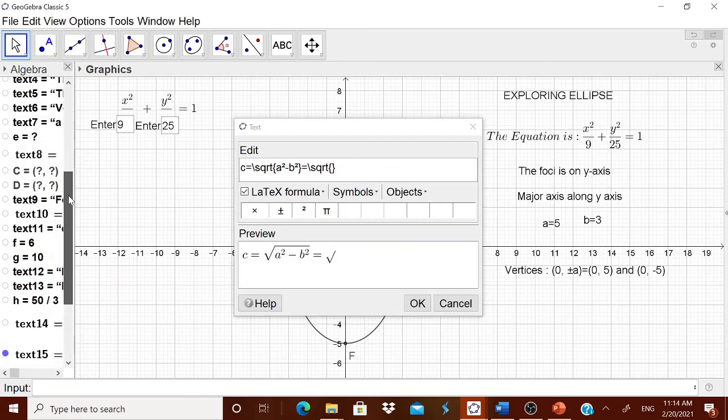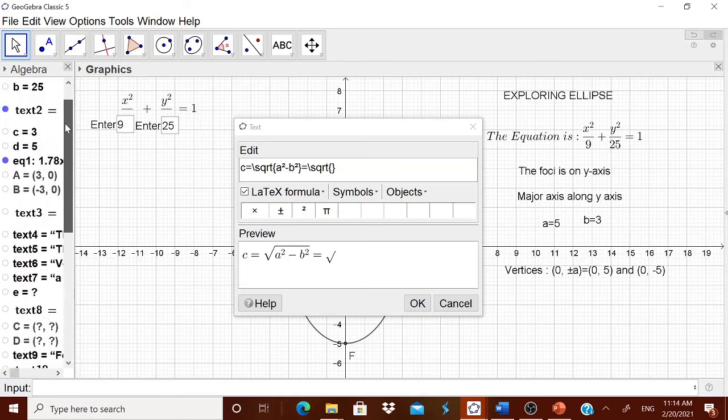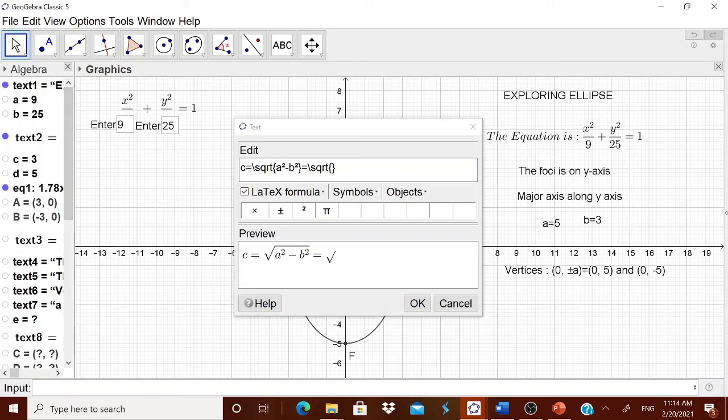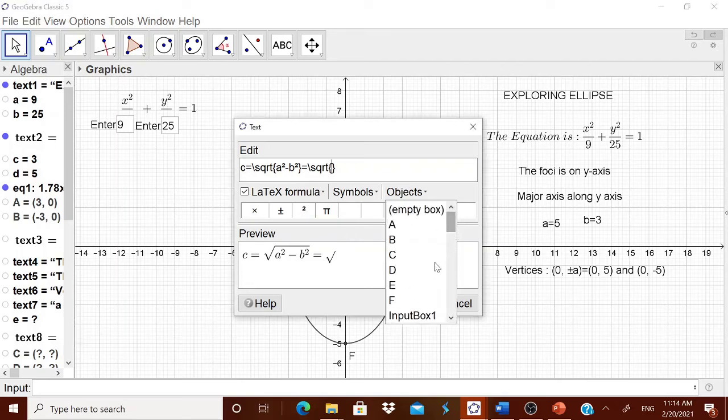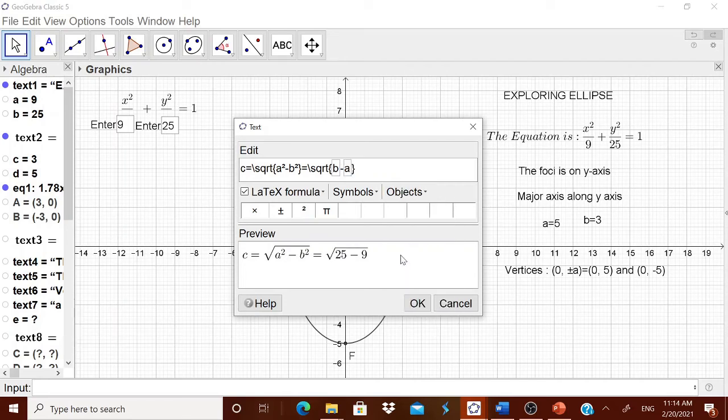It is b minus a. Previously it was a minus b, now it is b minus a, that's all. No need to tell the children what it is, because they are going to simply see it. It is I. It was E in the last case, now it is I.